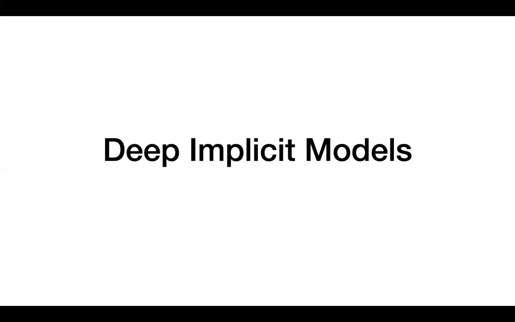And in the first part, we discussed volumetric grids. That's a discrete extrinsic 3D representation. And now we are going to discuss deep implicit models. That's a continuous extrinsic representation.